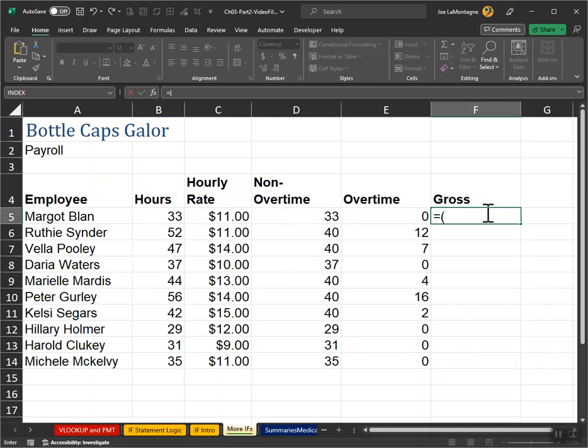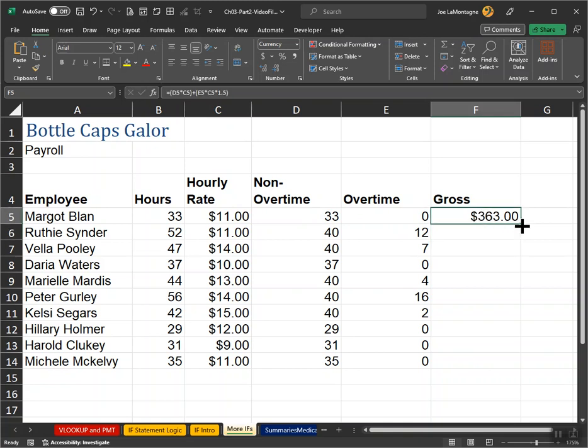So this will be D5 times C5, which is the standard rate. And then we're going to add this to the overtime times hourly rate times 1.5. Now Margot should only get the 33 times 11, which is 363.